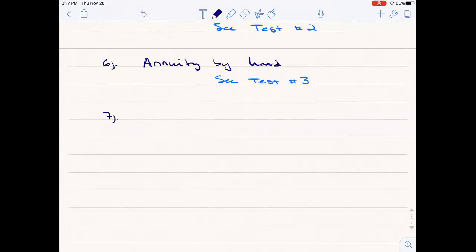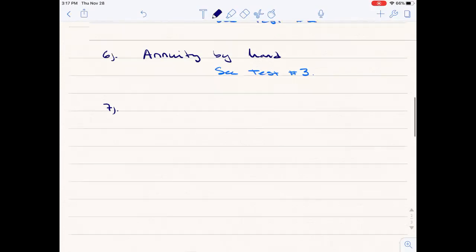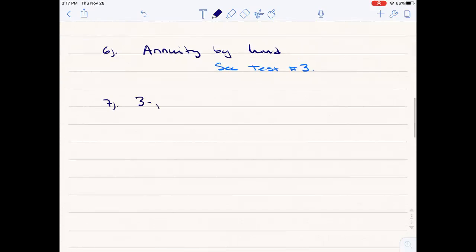This next one, I definitely encourage you to use your calculator because it's one of those, you make payments, make payments, make payments, sits there, get payments, get payments, get payments. I'm going to call that a 3-part annuity, which you had on test number 3.